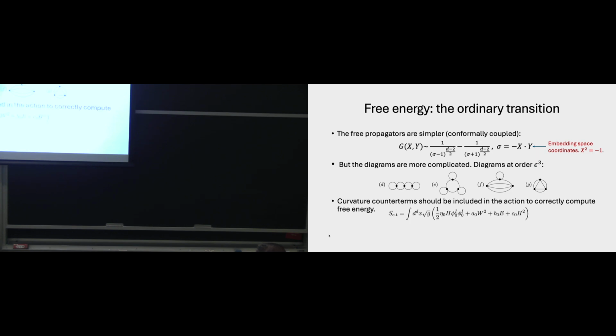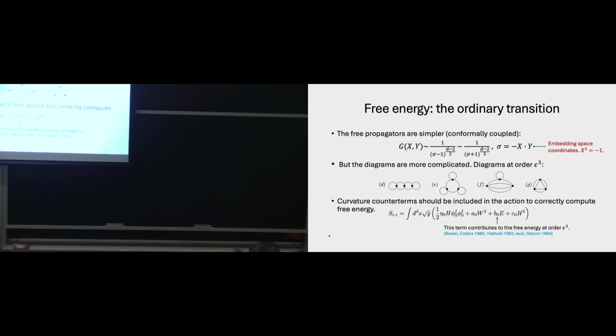And also, in this case, at this order, we need to include the curvature counterterms. So we need to add to the action these curvature counterterms here, H, W, E are just the curvature invariants. It was figured out by these people that at this order, this coefficient B will contribute to the free energy.